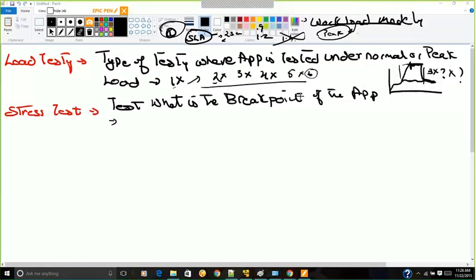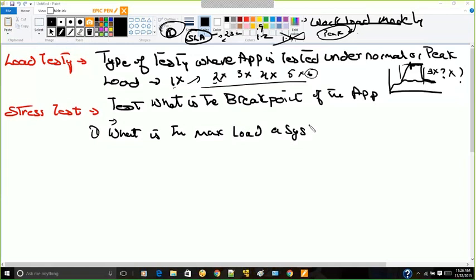Fine. So now let's see some of the questions that we would ask in performance and stress testing. One, what is the max load a system can sustain?